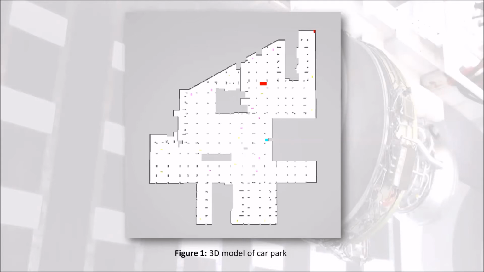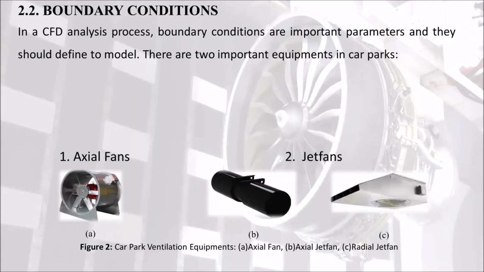And spaces such as columns and rooms were modeled as closed volumes because they would have a negative effect on the flow. You need to define your control volume in these CFD systems. Here you see the three-dimensional car park design for our special case.